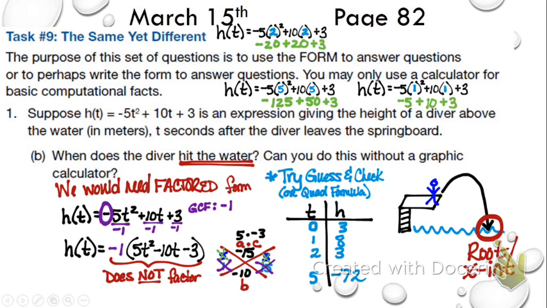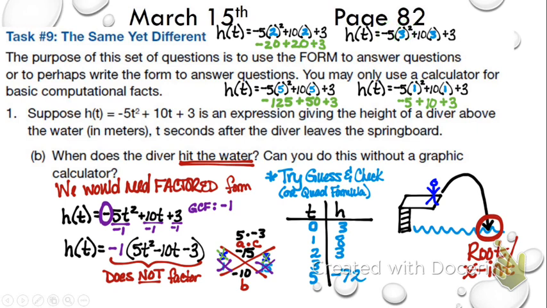What do I do? Try 3. So I'm going to square the 3 and then multiply it by negative 5.